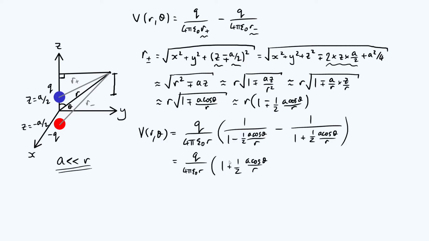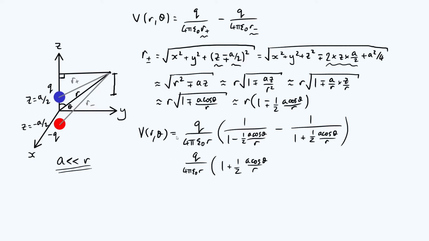Because basically what we had was 1 minus half a cos theta over r to the power of minus 1. And so if we do a first order expansion, that minus 1 comes down and multiplies with that minus sign and turns it positive, right? And so, yes, this entire first term approximates to this, to first order.